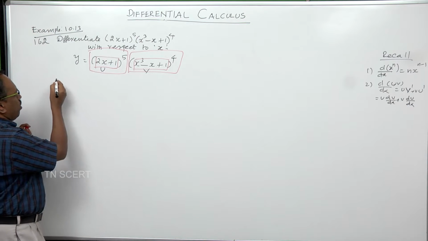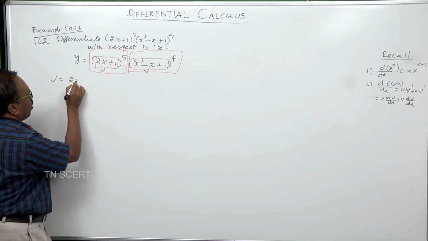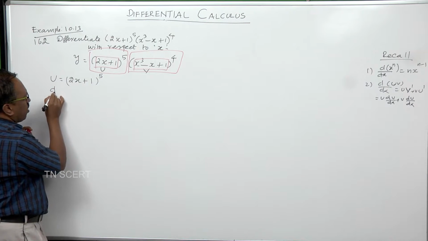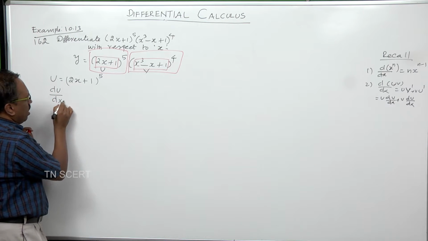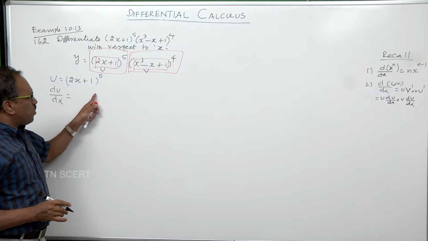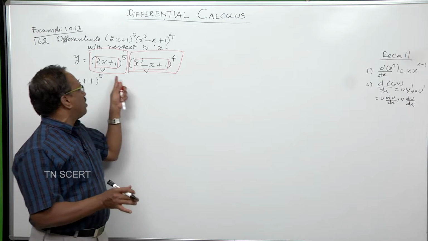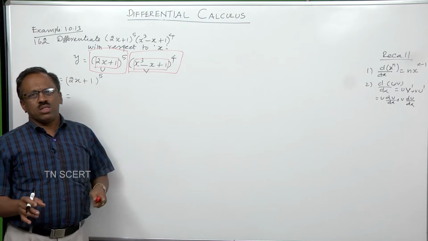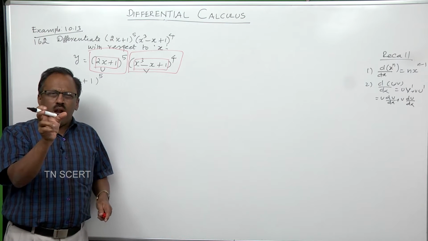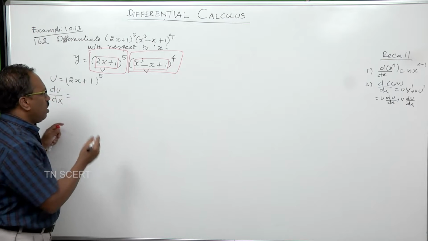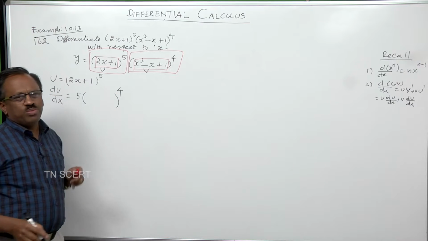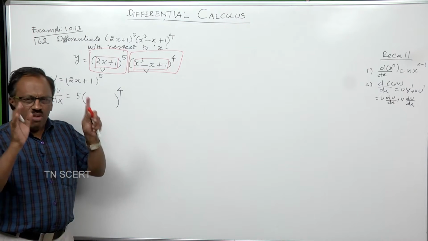So, when you take u as (2x plus 1) whole power 5, if you want to differentiate this with respect to x, just take it this way, n x power n minus 1. Is it over? No, not yet, because as I said there are 2 different boxes: the first function is algebraic, and another function inside it is also algebraic. You have to open the first box, so 5 whole power 4. In the first box I differentiated.